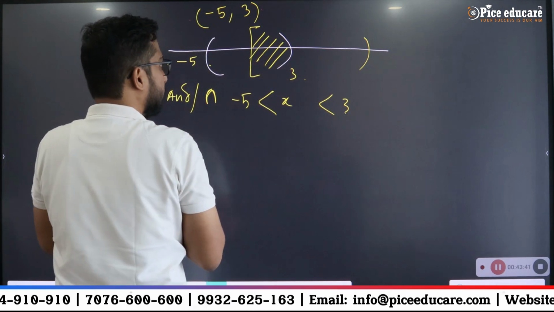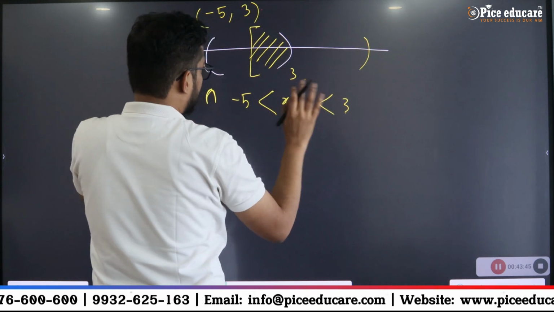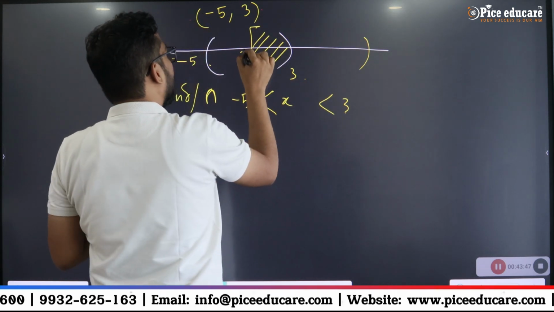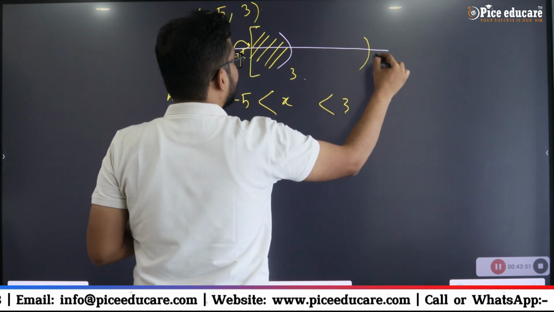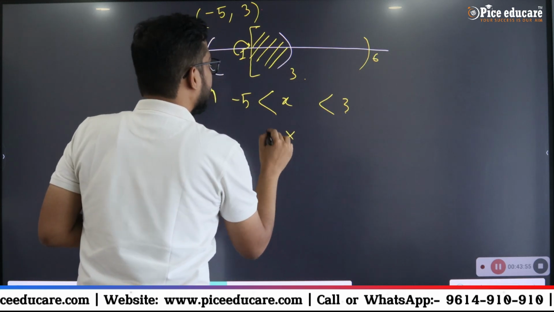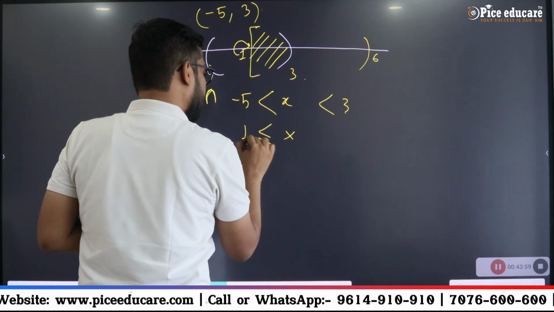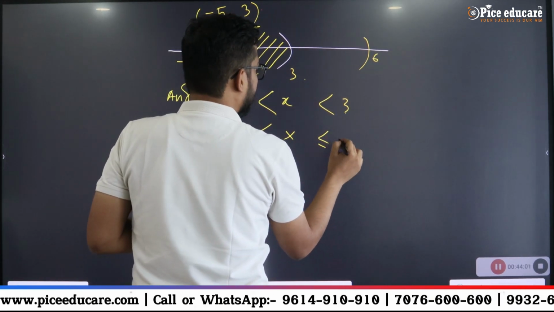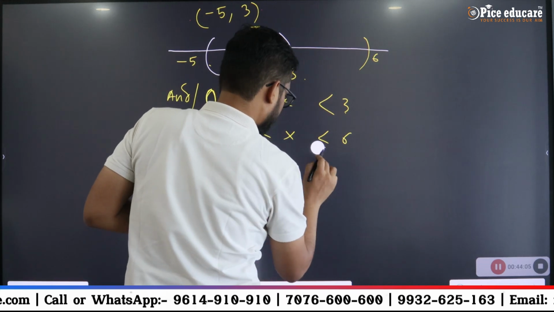This is the situation. And in this yellow interval, which is a semi-open interval, let's say this number is 1, and this number is say 6. So x is not strictly bigger than 1, but greater than or equal to 1 and less than 6.